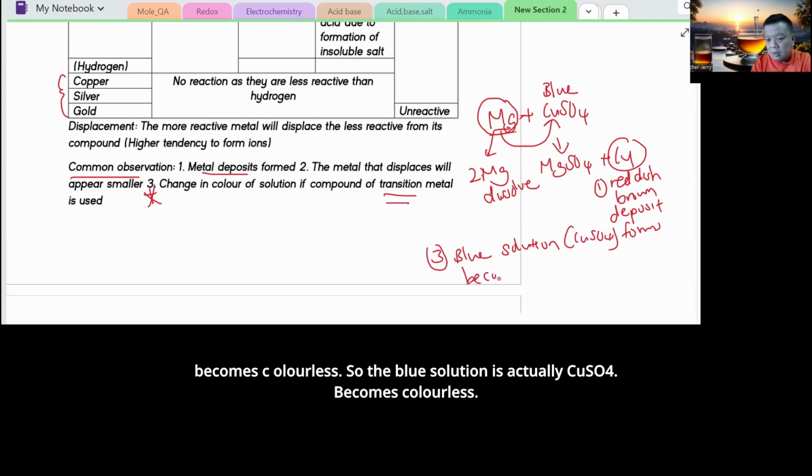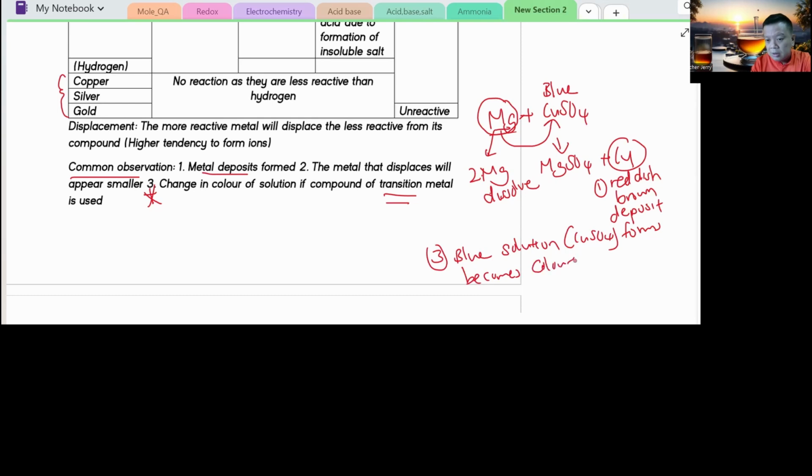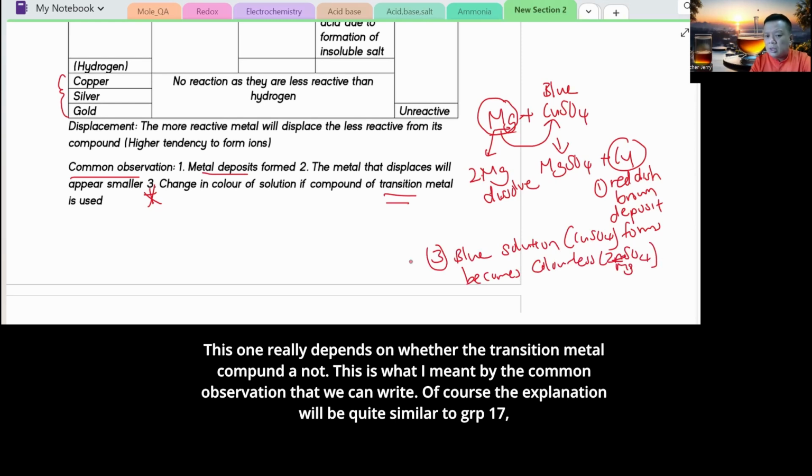It becomes colorless. Oh, sorry, this is magnesium sulfate. So this one really depends, it does not happen all the time, it depends whether it involves a transition metal compound or not. That's what I meant by the common observations that we can write.